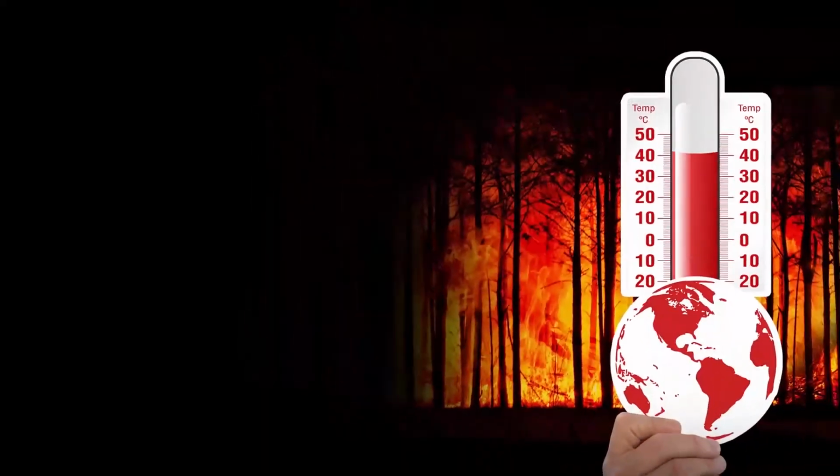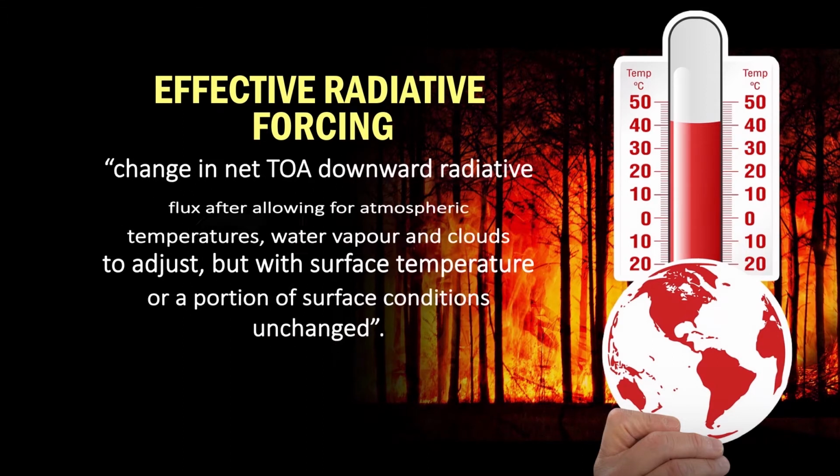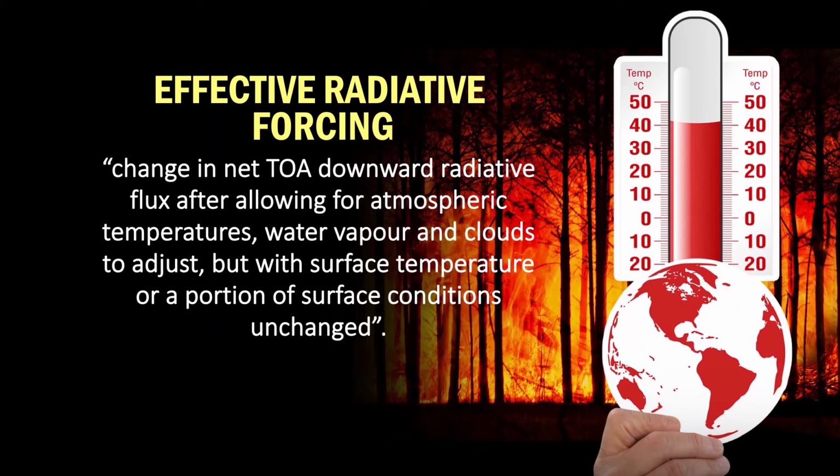A related concept to radiative forcing is called effective radiative forcing. This effective radiative forcing is the change in the net top of the atmosphere downward radiative flux after allowing for atmospheric temperatures, water vapor and clouds to adjust, but with the surface temperature or a portion of surface conditions unchanged.